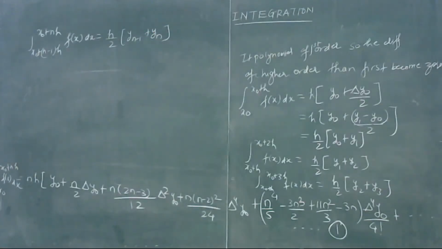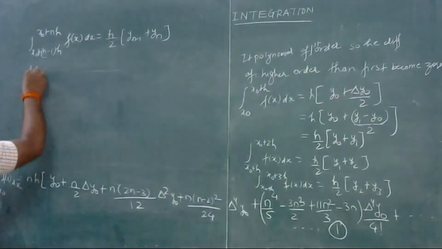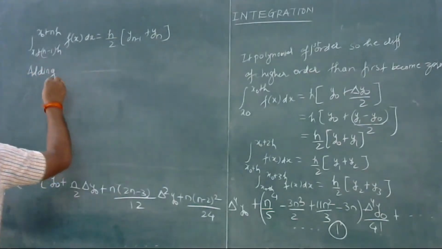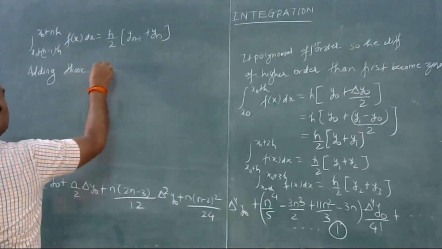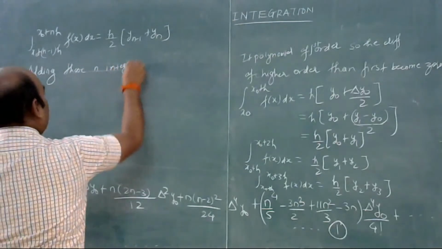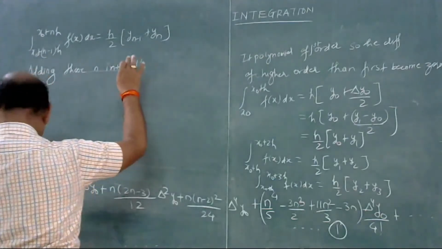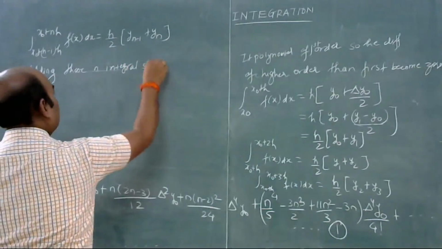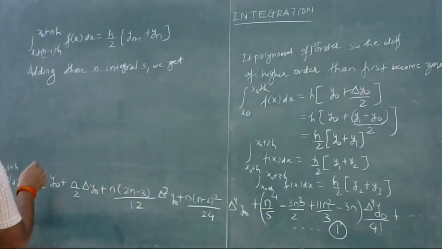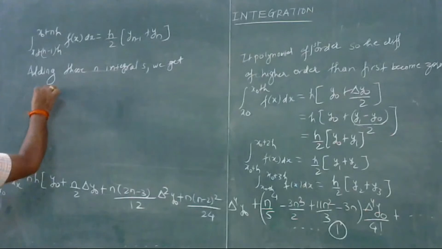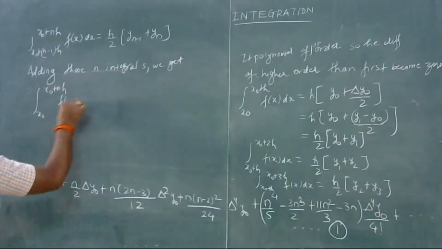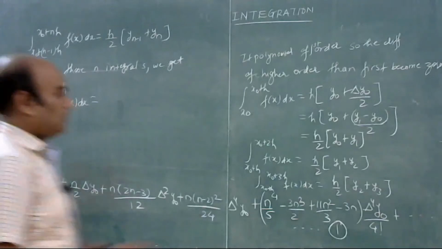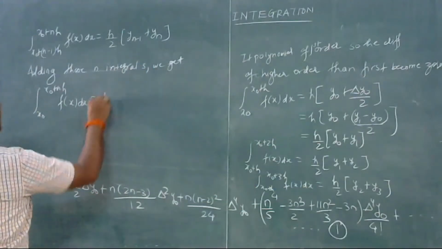So now you can find it by adding these n integrals. We get the integral from x0 to x0 plus n h of f of x dx. So h by 2 is common, so h by 2 is taken common.